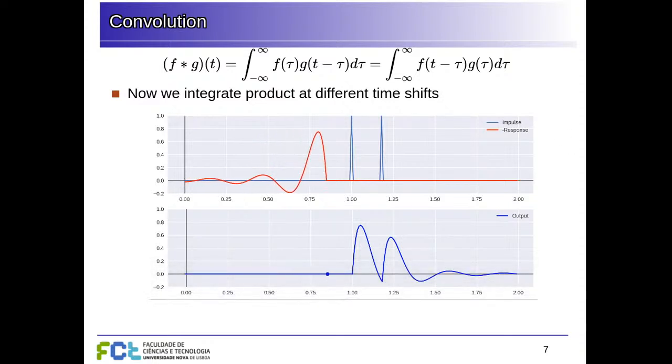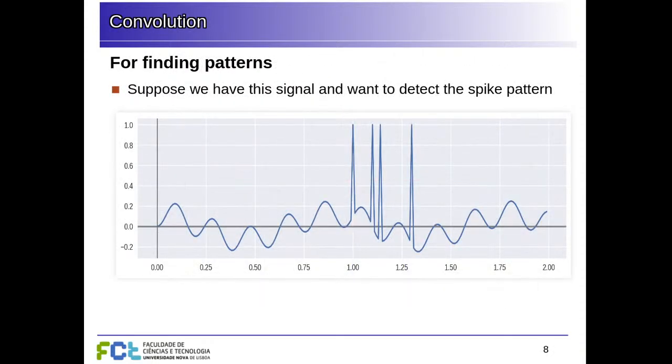So this is one possible application of convolutions, seeing the response of this linear time invariant system to a particular impulse. But we can also think of this in a different frame by inverting the problem. Suppose that we have some signal over time, the intensity of the signal as time goes by, and we see that it's changing with these curves, but then there is this pattern here that we want to detect.